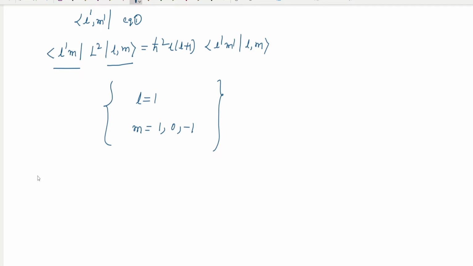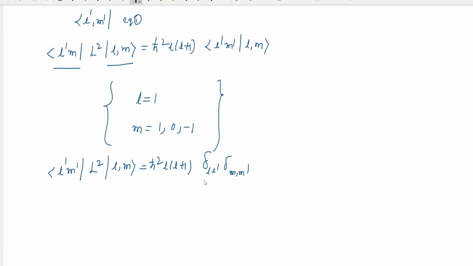So we already know how to write this type of equation in terms of Kronecker delta functions. Then we can represent these terms in matrix form. The h cross square L into L plus 1, this one is delta L L prime. Sorry, Kronecker delta M M prime.